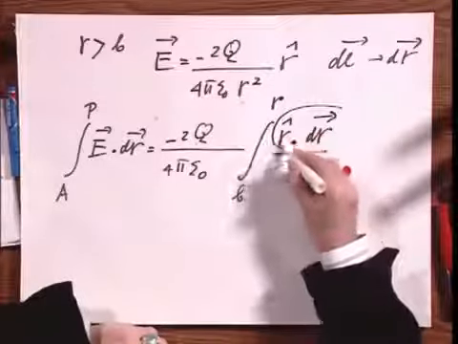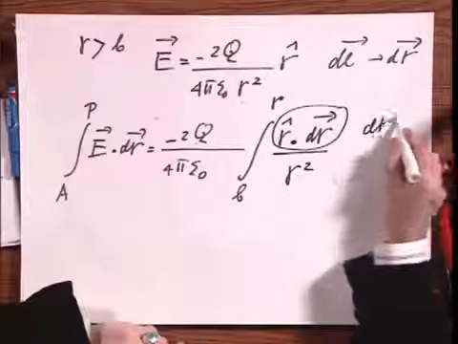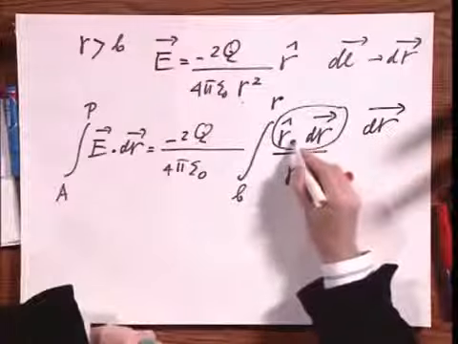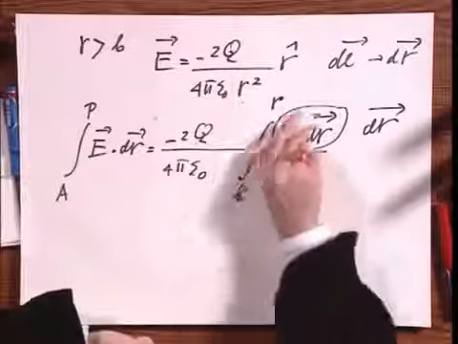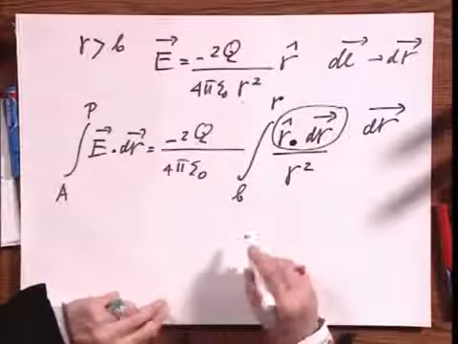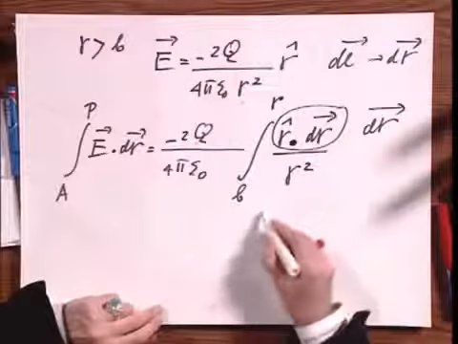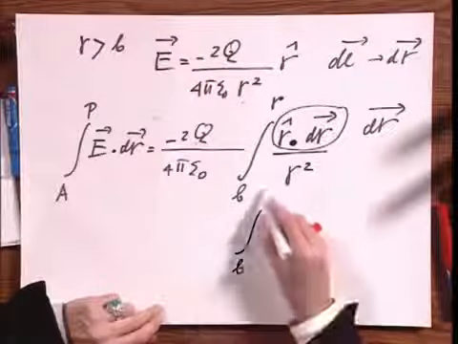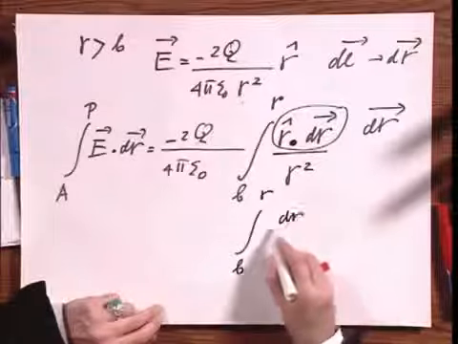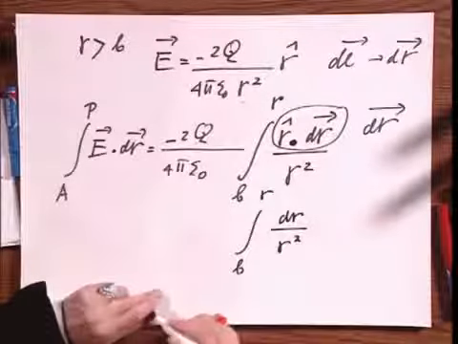This is nothing but dr. It is plus dr. I hope you can convince yourself of that, because r hat and dr are in the same direction. In other words, I will have to only evaluate this integral of dr over r squared.